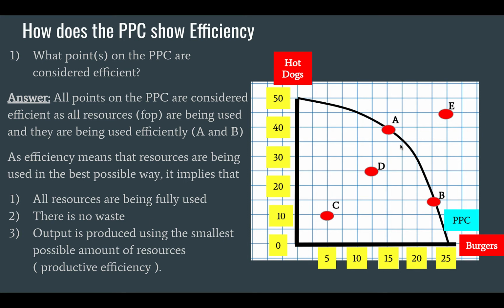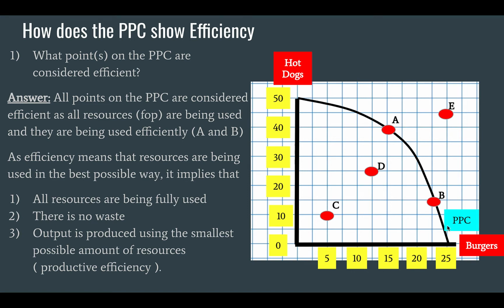Now, if we are only going to talk in the realm of the points that are labelled here, we are saying A and B are efficient. They are at our absolute maximum of production of desirable goods and services, which has passed the market test. More on that in the next unit, but it has passed the market test, has proven that people want these things.